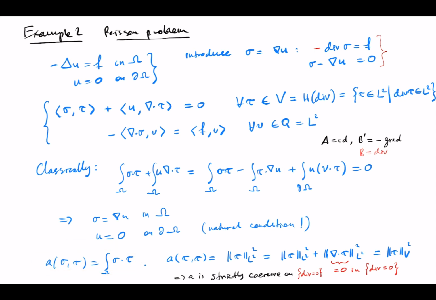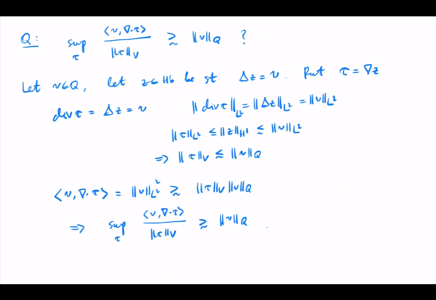It's only strictly coercive when we restrict ourselves to the divergence-free space. So the next condition is to check the inf-sup condition for B prime. What is our B prime? B prime is the gradient, and this is what we want to check.